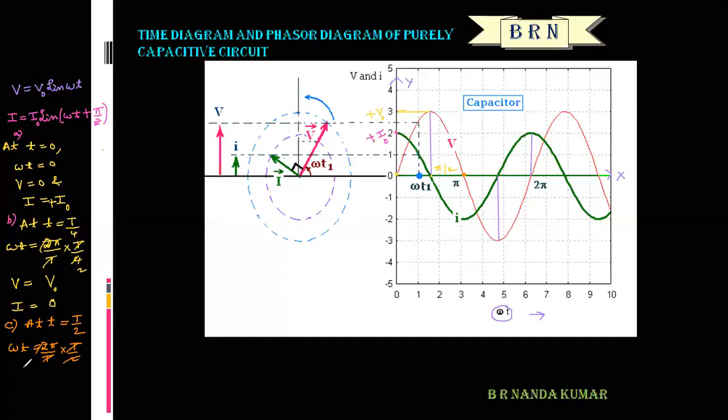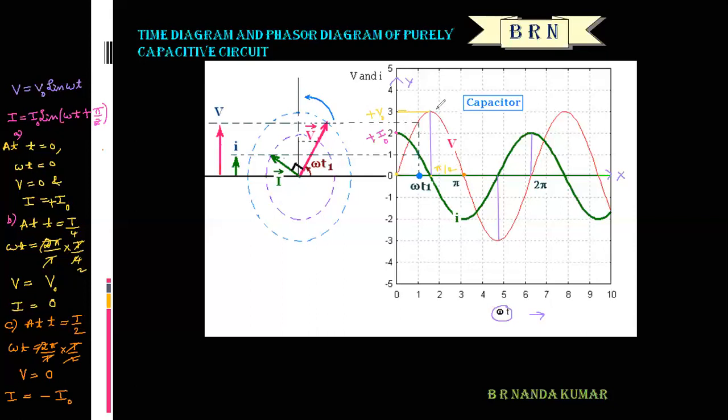So voltage V is equal to V naught sine pi, which is 0. But the current I is equal to I naught sine of pi plus pi by 2, that is sine 3 pi by 2, sine 270 degrees. That means minus 1, so the current is minus I naught.